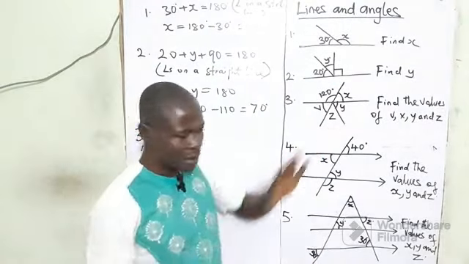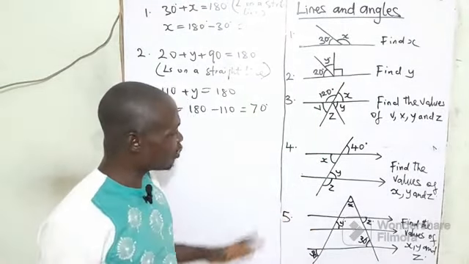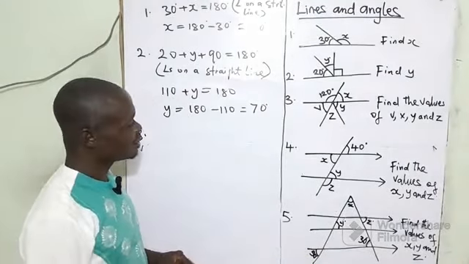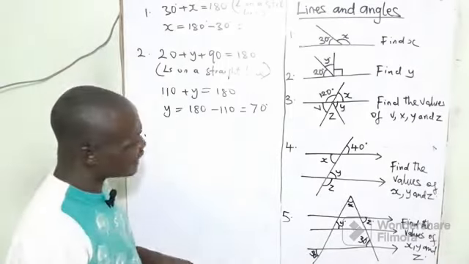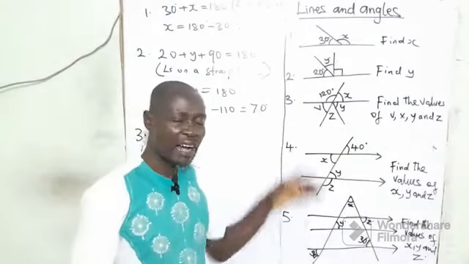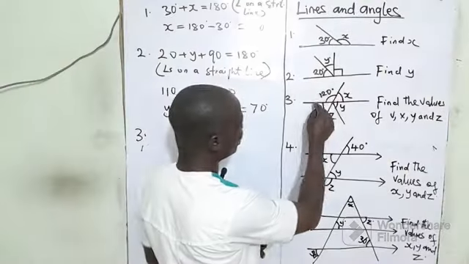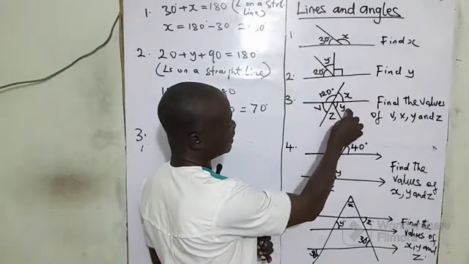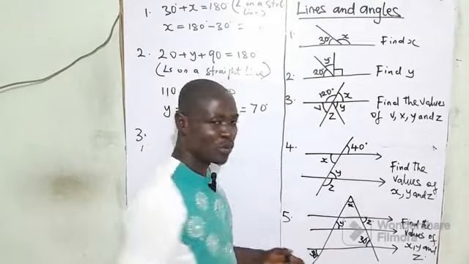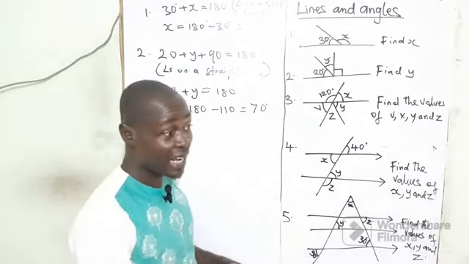Knowing just that is enough, and then we just put that together, and that gives us the result. But we won't be using that to solve problems here, because most of the things we have here, we don't have the values. Take for instance, this is x, this is y, this is z, this is v. There is no way we can add all of them and solve it together, because they are all unknown.